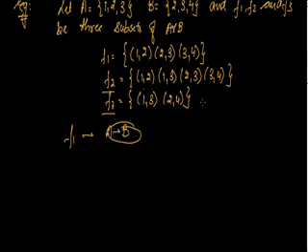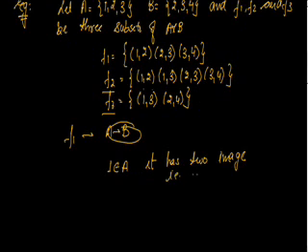F2 is not a function from A to B because 1 belongs to A and has two images, that is (1, 2) and (1, 3). If it is a function, then 1 has only one image. So this is not a function from A to B.